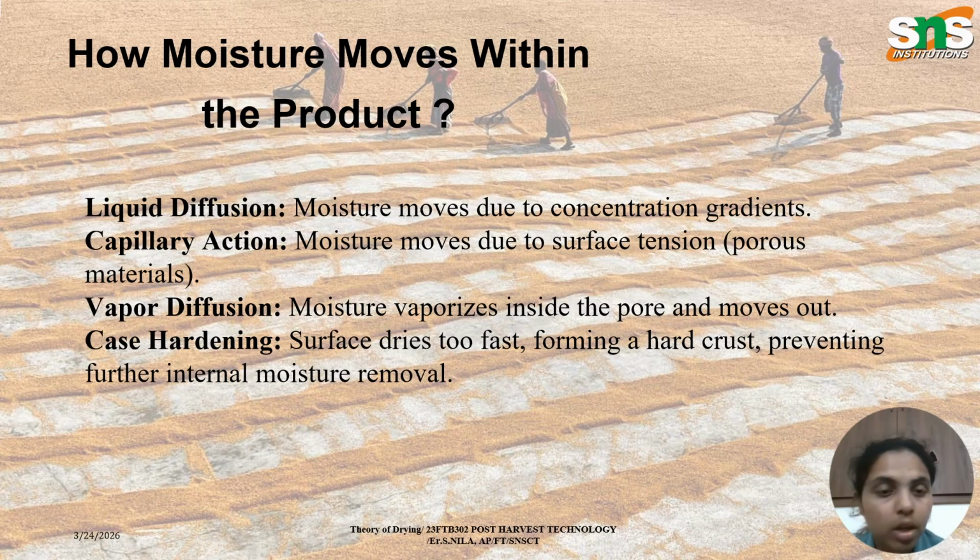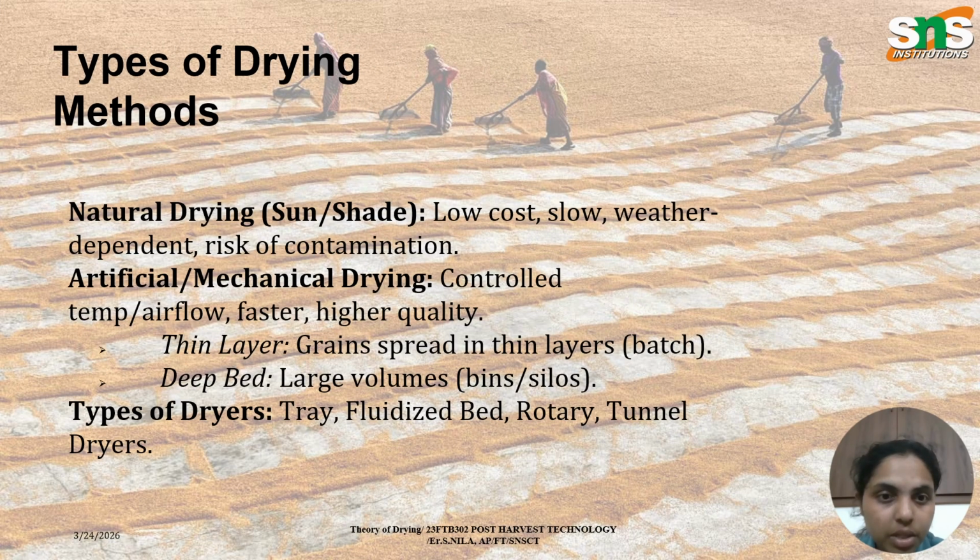Fine. So the next one is types of drying methods. What are the different types of drying methods? That is natural drying like sun or shade, which is cheap but slow, weather dependent, and also risky due to contamination issues, because the product will be dried in an open environment, right? That is the reason.